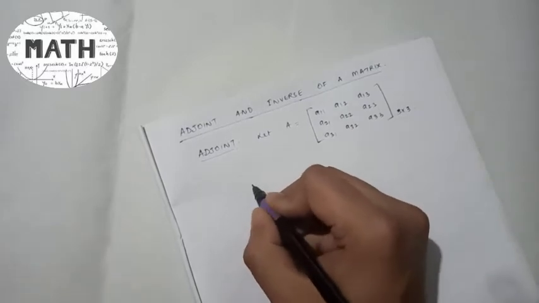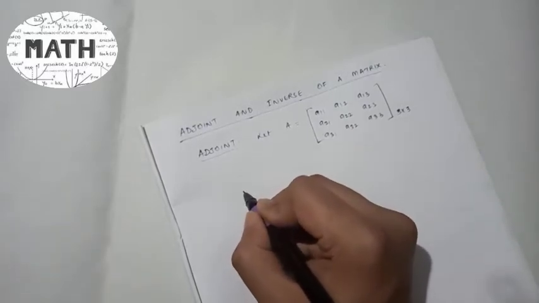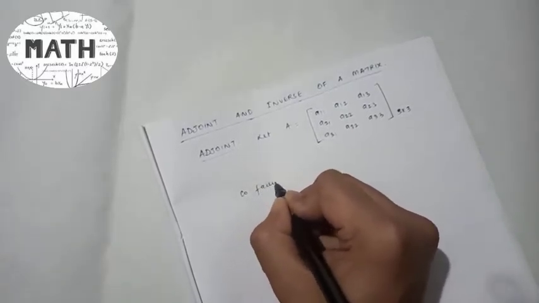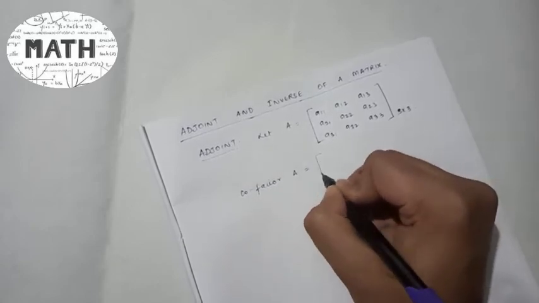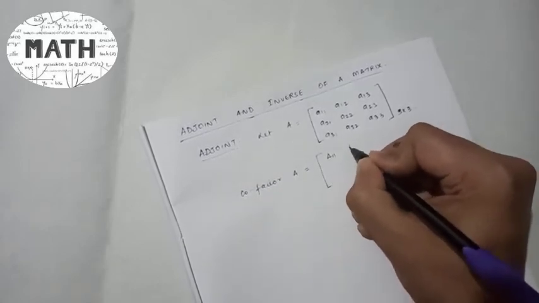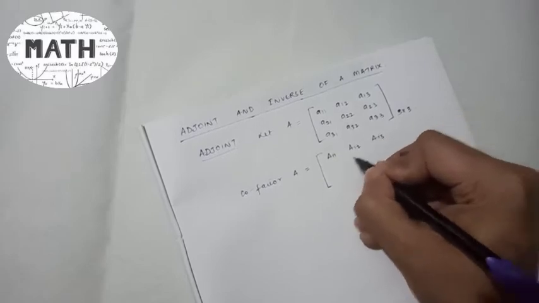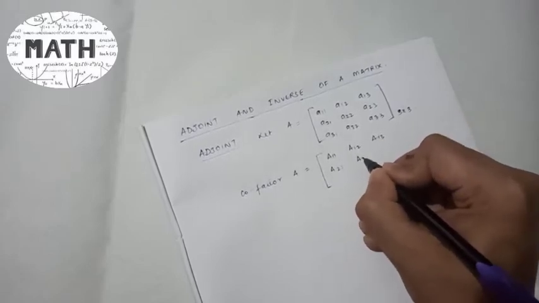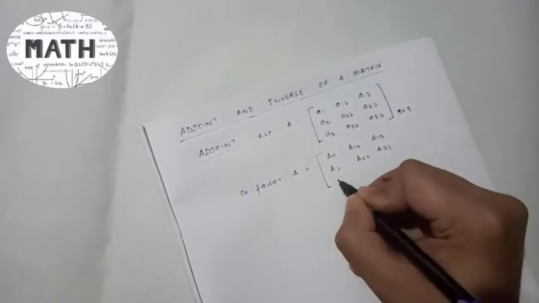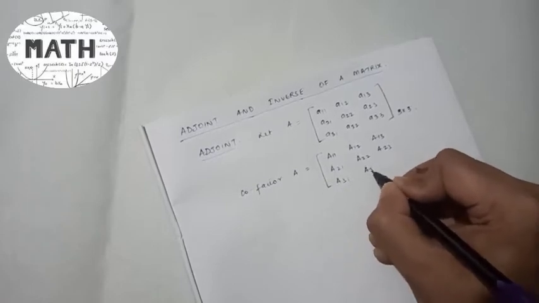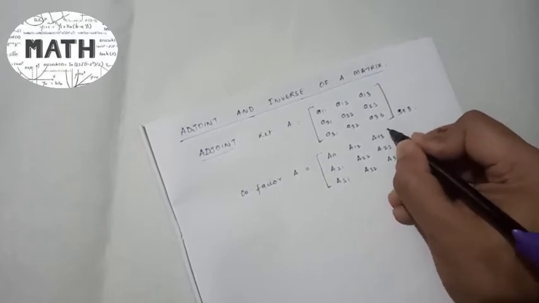Then the cofactor of A would be nothing more than A11, A12, A13, A21, A22, A23, A31, A32, A33.